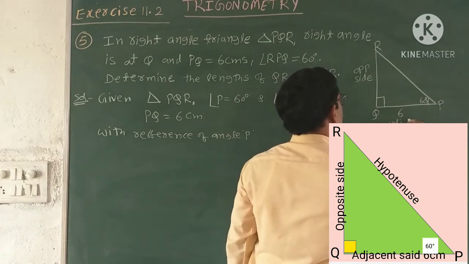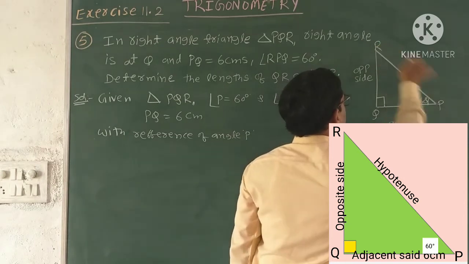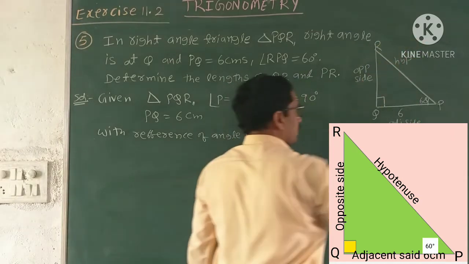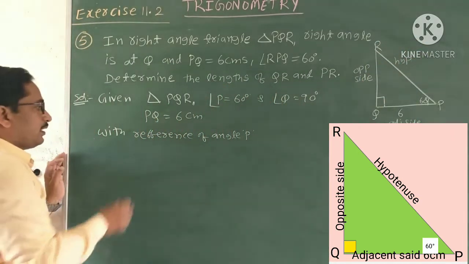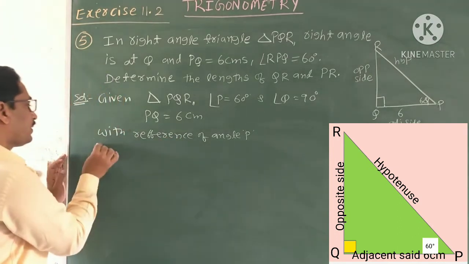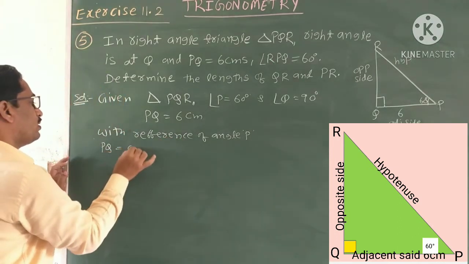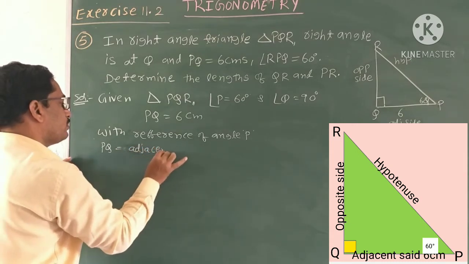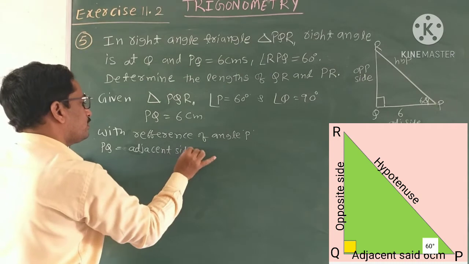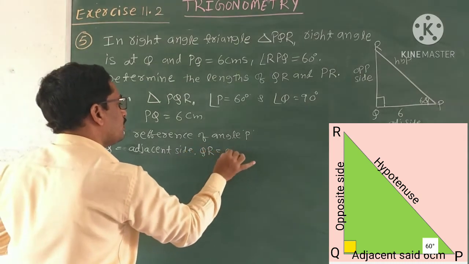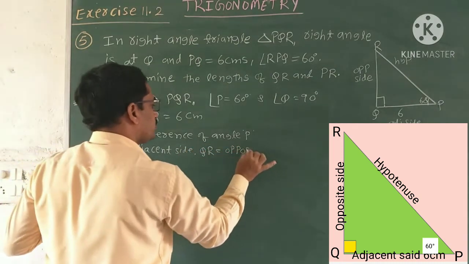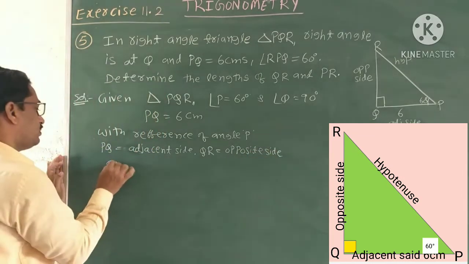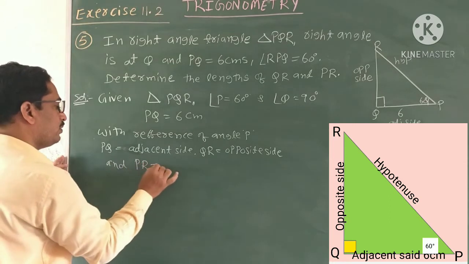Now this is adjacent side, and the longest side is always opposite to the right angle, this is hypotenuse. Now with the reference of angle P, PQ is adjacent side, next QR is opposite side, and PR equal to hypotenuse.